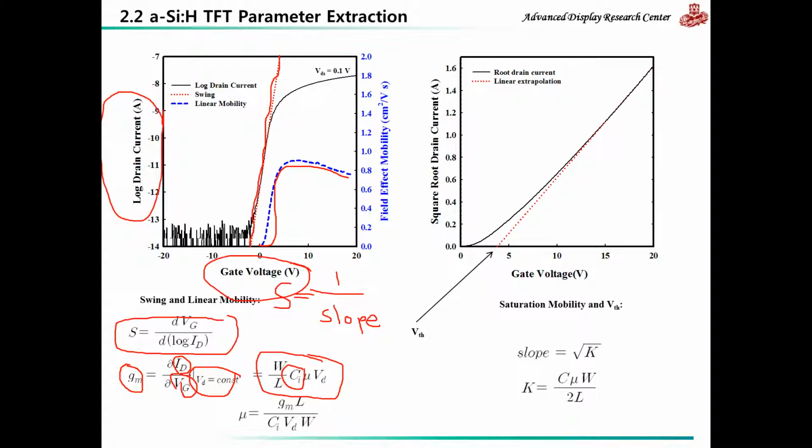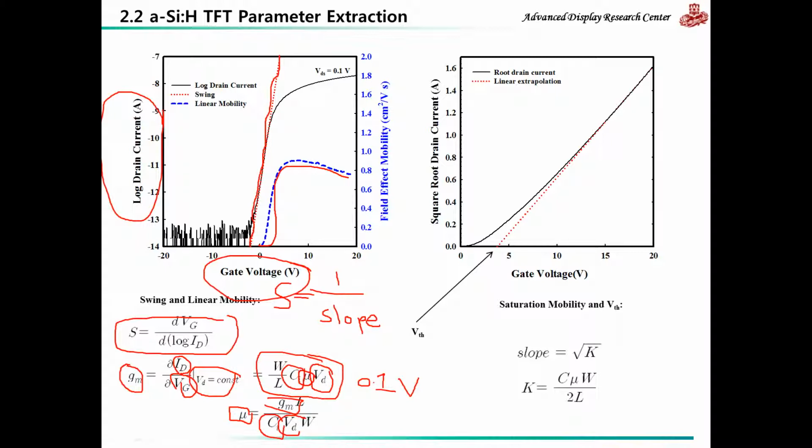In this case, CI is the gate insulator capacitance, in this case the capacitance of silicon nitride, and mu is the field effect mobility, and VD is the drain voltage. In this case we use a drain voltage of 0.1 volts. Now if you rearrange and make mu the subject of the formula, you will find that the mobility is given by GM times L divided by CI, VD, and W.